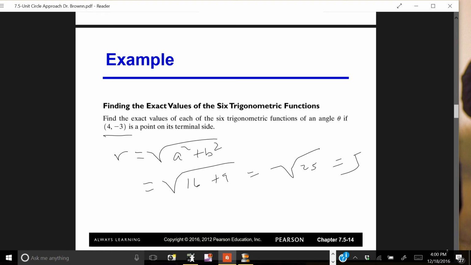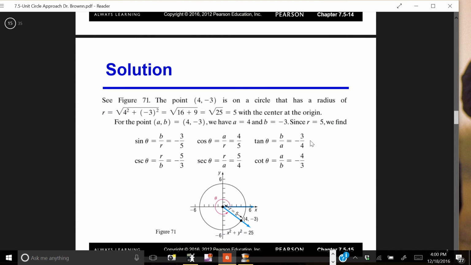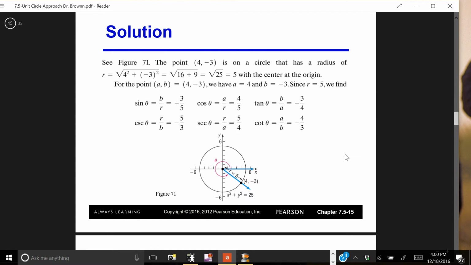So now we're going to have a non-unit circle with a radius of 5. So we plot the point down here, 4 and minus 3, and the sine of theta is b over r, minus 3/5.